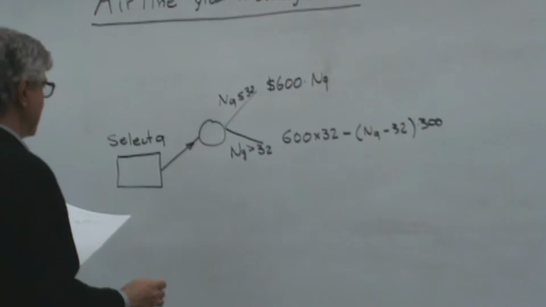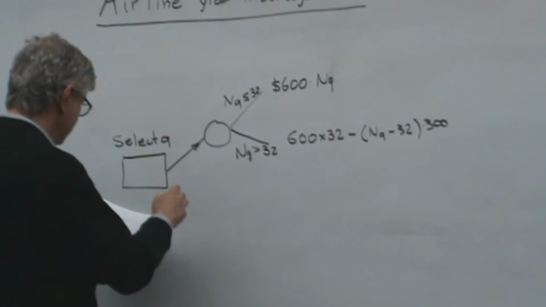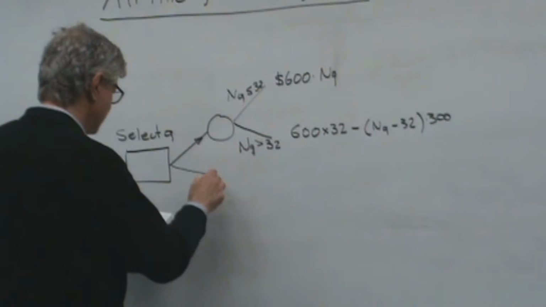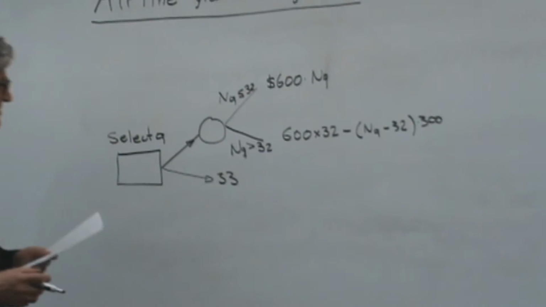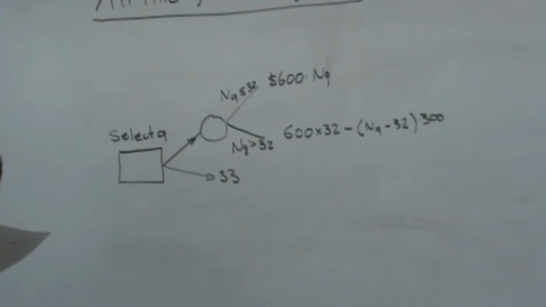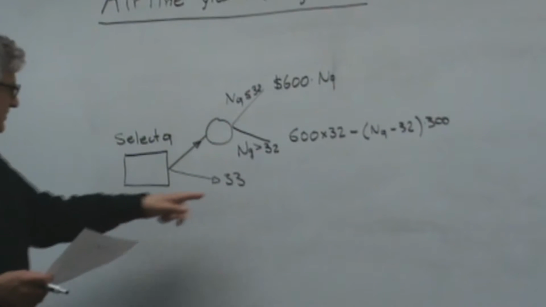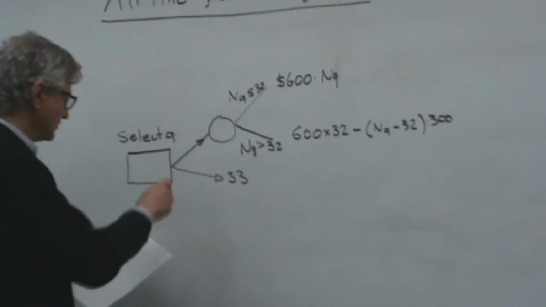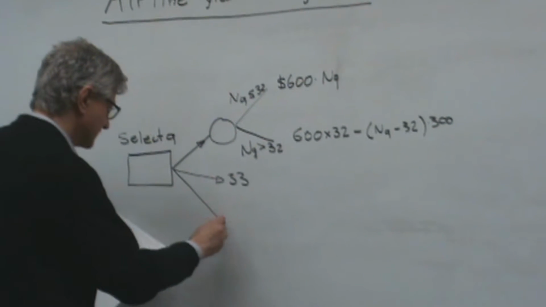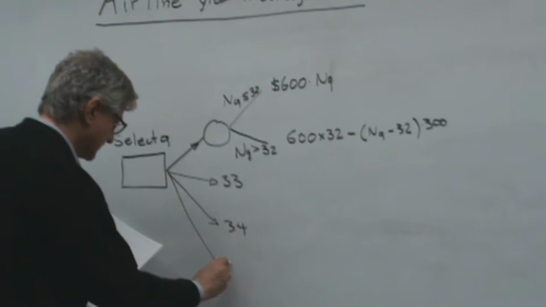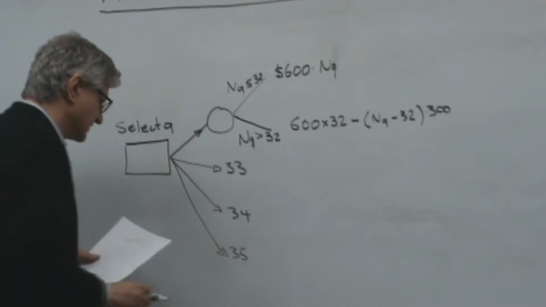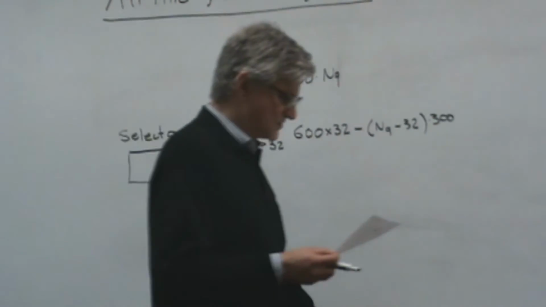Okay. Then we consider the case where we have 33 reservations, and we do a similar calculation for 33. We do the same calculation for 34, the same calculation for 35. Okay.